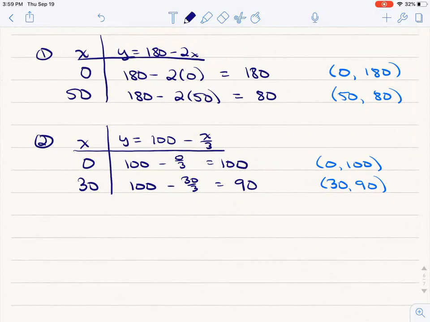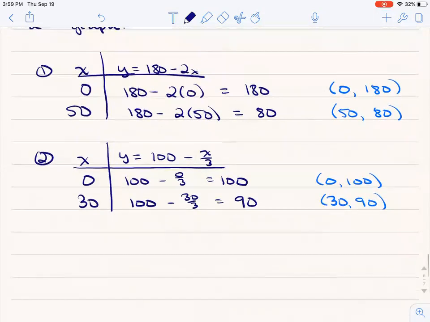Sometimes what you might find later on is that it might be clever to, well, we forced x to be 0 here, but it might be nice if you forced y to be 0 and did the reverse and solved for x, because then you know where it's crossing both axes.